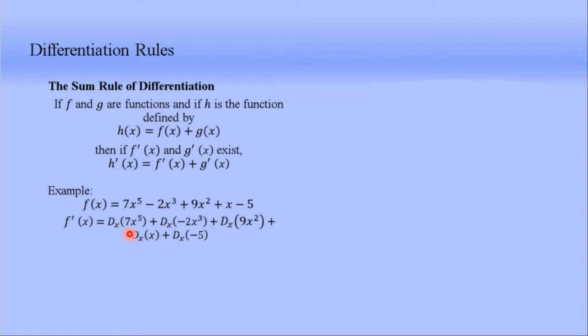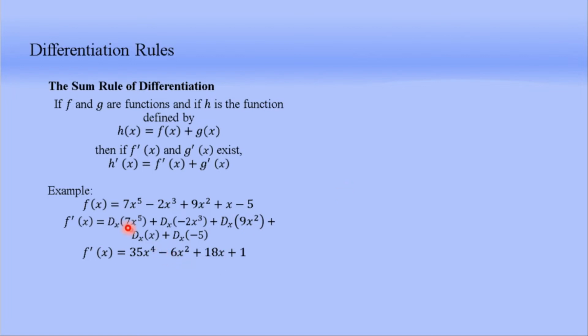So the derivative of 7x raised to the fifth power, plus the derivative of negative 2x cubed, plus the derivative of 9x squared, plus the derivative of x, plus the derivative of negative 5.